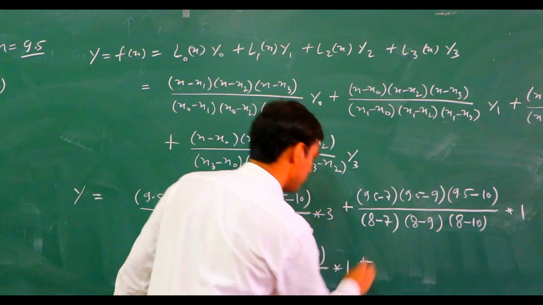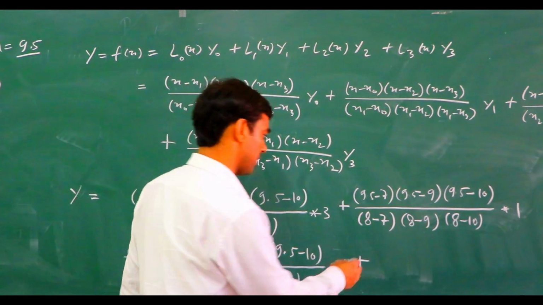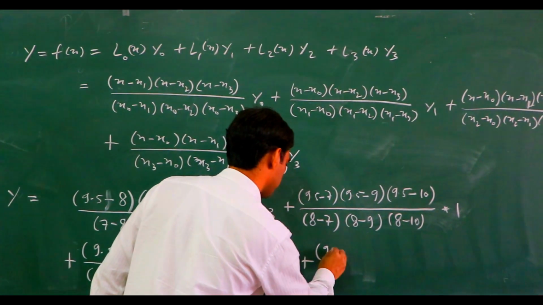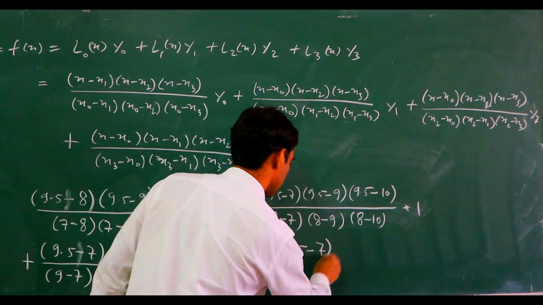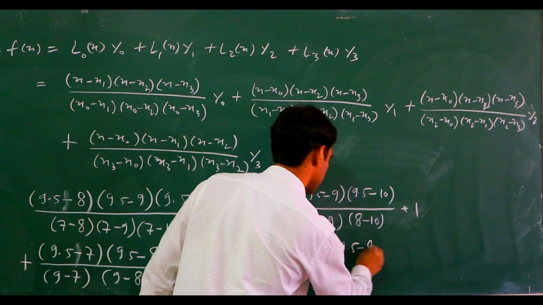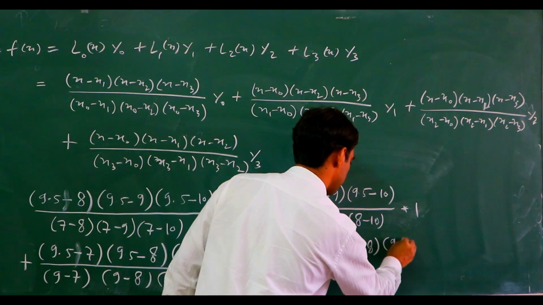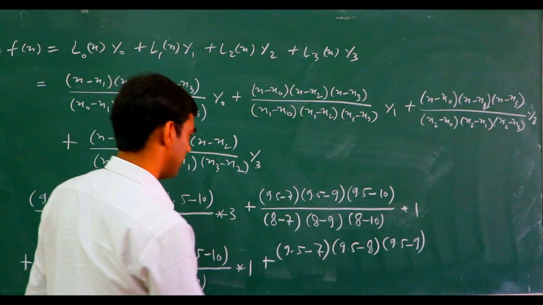The value of y2 is what? 1. Plus, the last term is x minus x0, which means 9.5 minus 7, 9.5 minus 8 and 9.5 minus 9, divided by what?